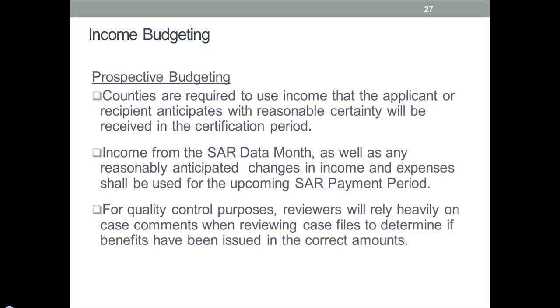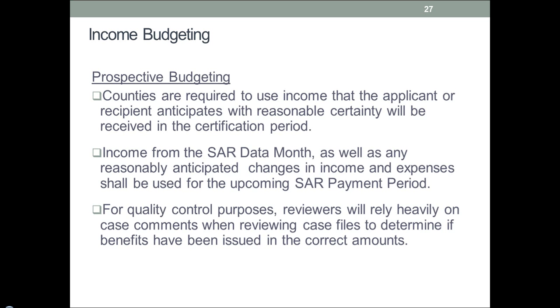Income from the SAR data month, that term is related to the submission of the periodic report, the SAR 7 form, which is sent in every 6 months. For example, if a household applies and is certified as eligible in the month of January and has a 12-month certification period, they will be responsible to submit their SAR 7 in June.